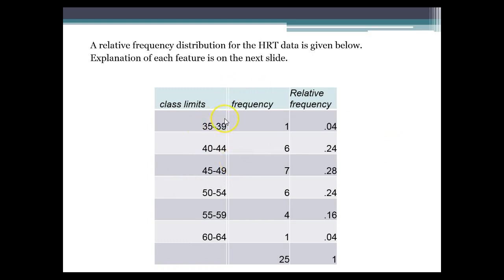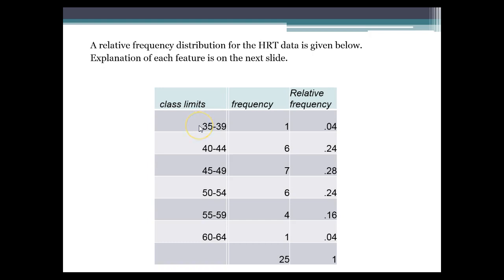Now let's come back and talk a little bit about these class limits. There are different ways that you could do the class limits. To keep it simple, I'm going to give you the class limits, sort of. I'm going to say, let's do categories starting at 35 of width 5.